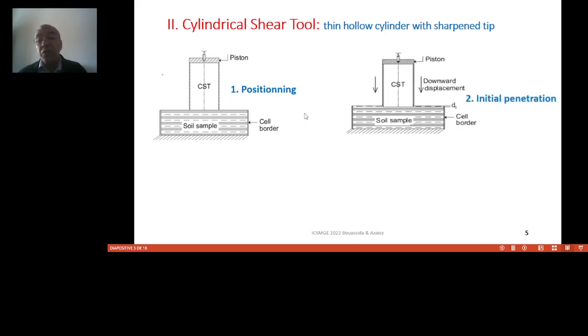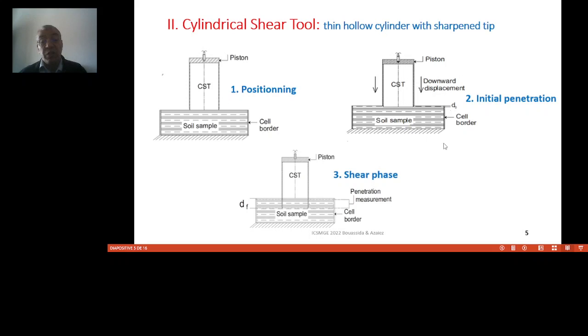Then, as the first step, we apply a downward vertical displacement, and we have a small penetration D0, and then we start the shear phase by penetrating this CST and the soil sample at a prescribed rate of displacement up to a final value of penetration DF.